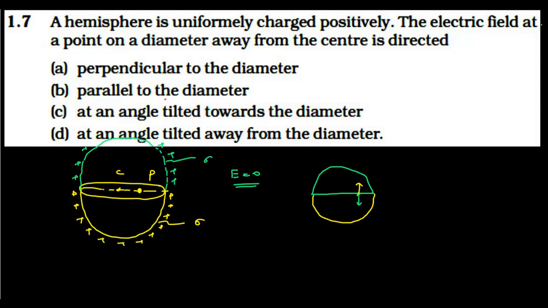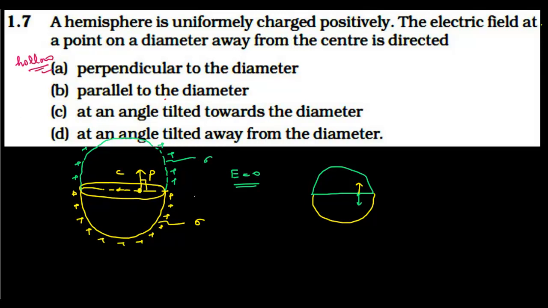So considering this symmetrical property, the field at this point P due to the hemisphere is perpendicular to this diameter. So option A will be the correct option if we consider the hemisphere as hollow.